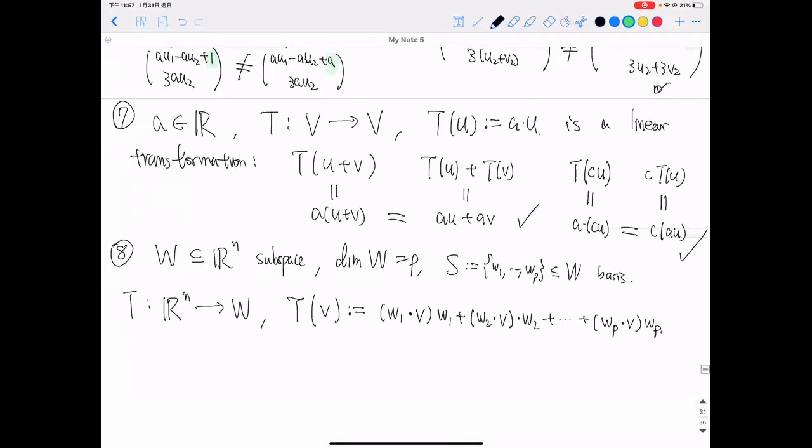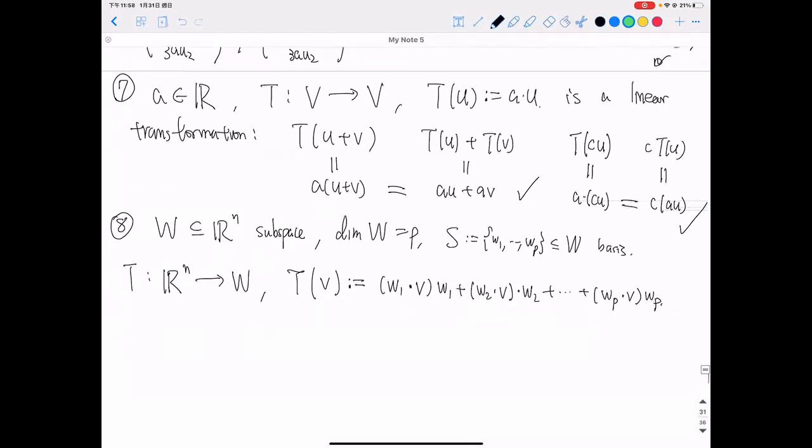By construction, this expression lives in W because it's a linear combination of the little w's, which form a basis. And this is a linear transformation.